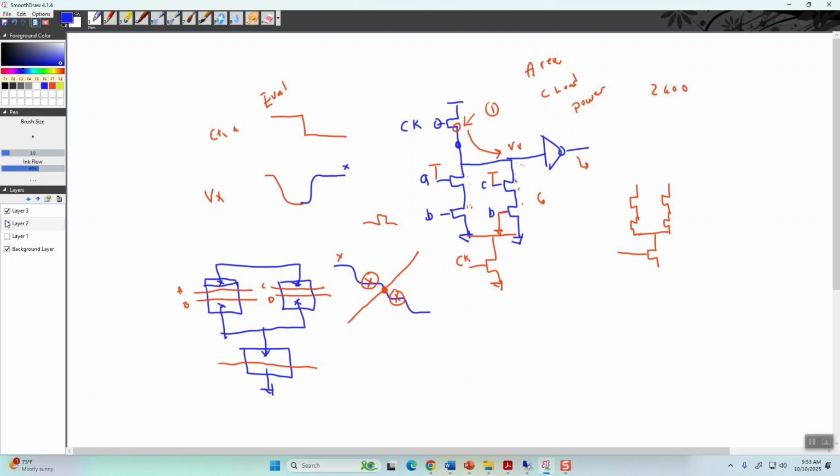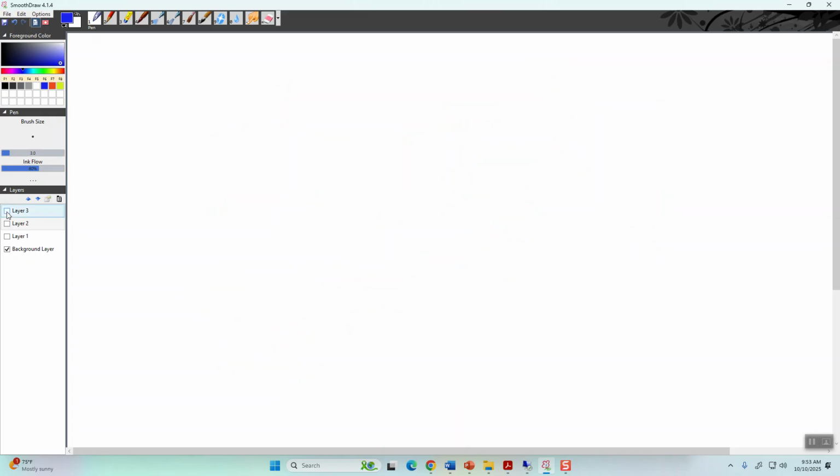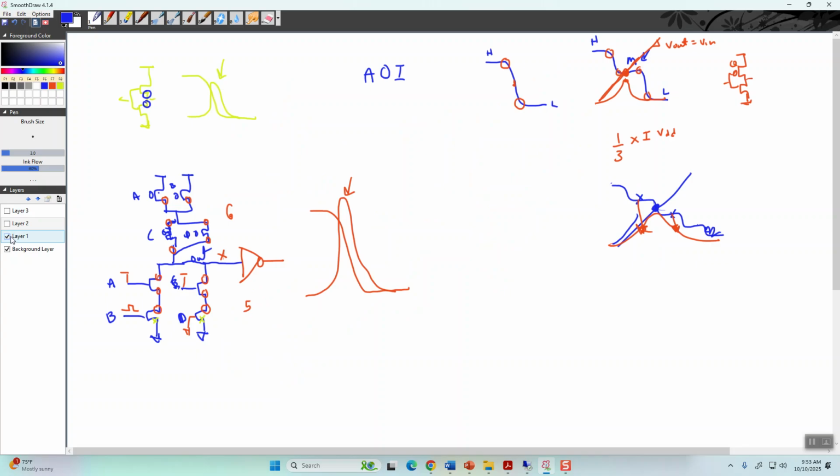Now, just to see, we can come back here, and what I can try to do is draw this PMOS stack. So these are in parallel. I'm going to draw them like twice as wide as the NMOS. Hopefully you can get an idea of it.